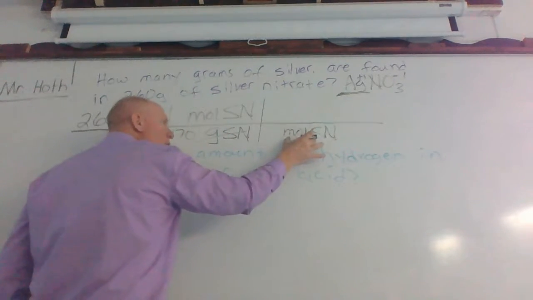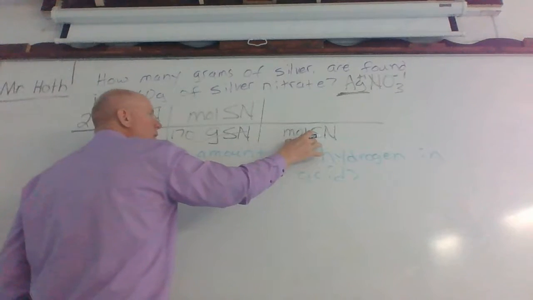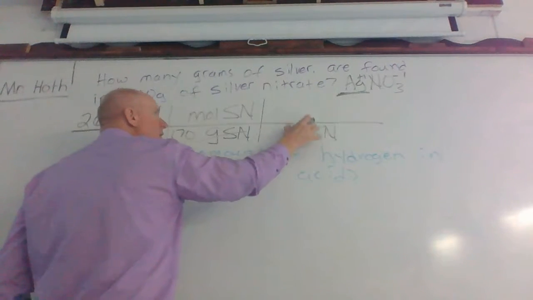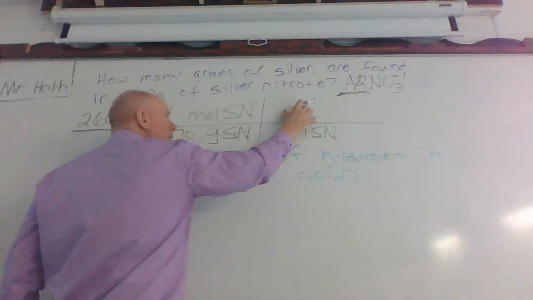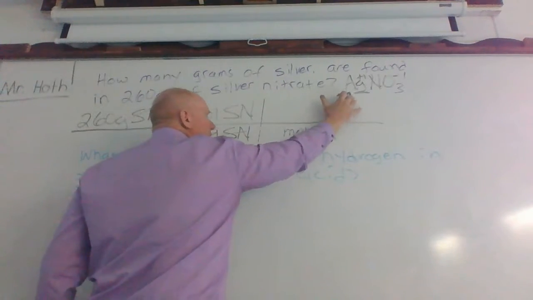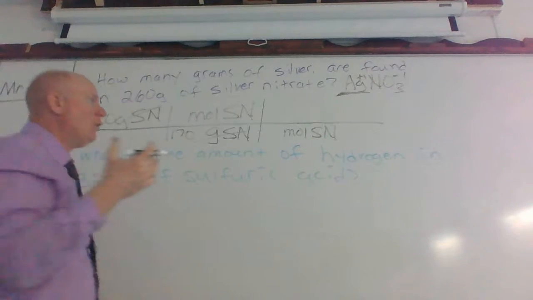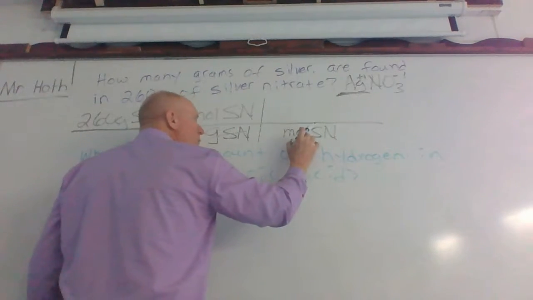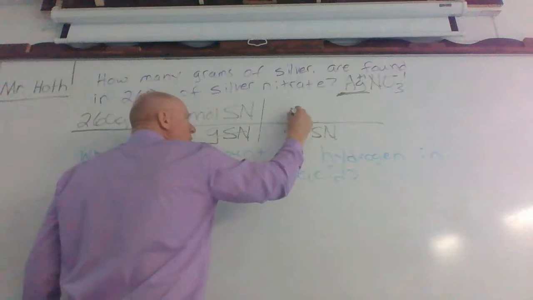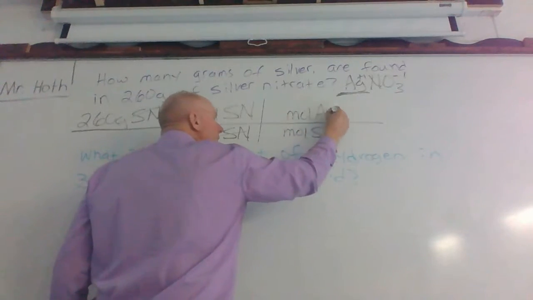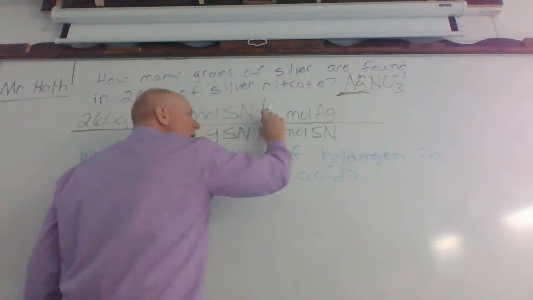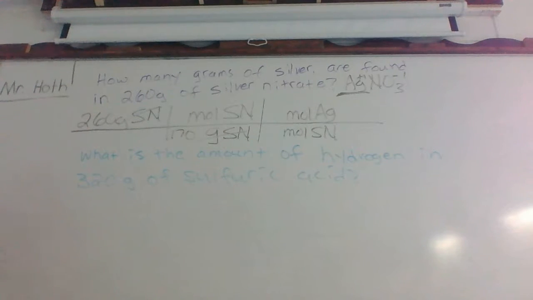Now, this is what we have. What is it that we're looking for? We must have underlined this for a reason. We just want what? We just want silver only. So, for every mole of silver nitrate, we would put moles of silver on top, because this step allows us to change what we have, which is the entire compound of silver nitrate, into just silver only. Okay?